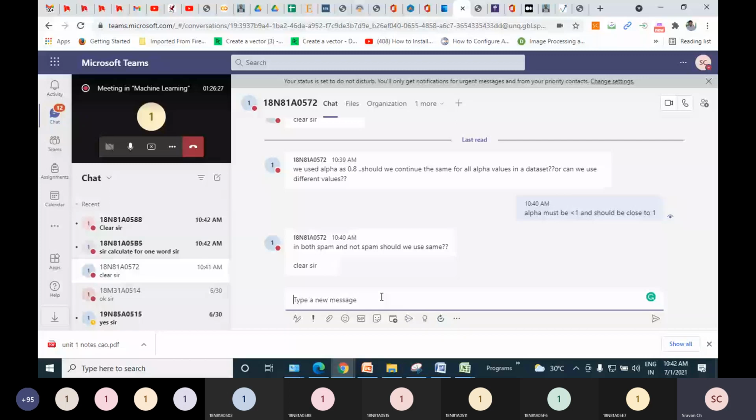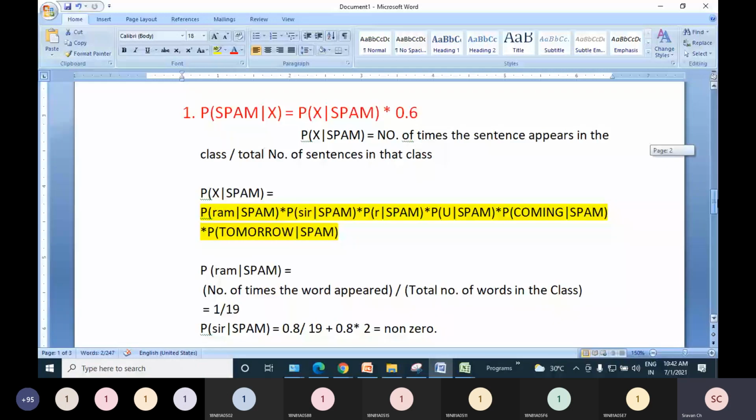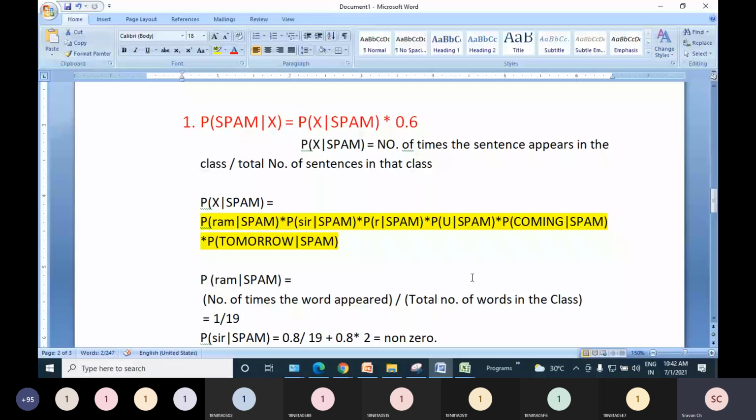We have done calculations for one word. For Ram by spam, we have done it, it was 1 by 19. For Sir by spam, let us do these calculations. So what is 0.8 into 2? 0.8 into 2 is 0.16. Add 0.16 to 19, it will become 19.16.